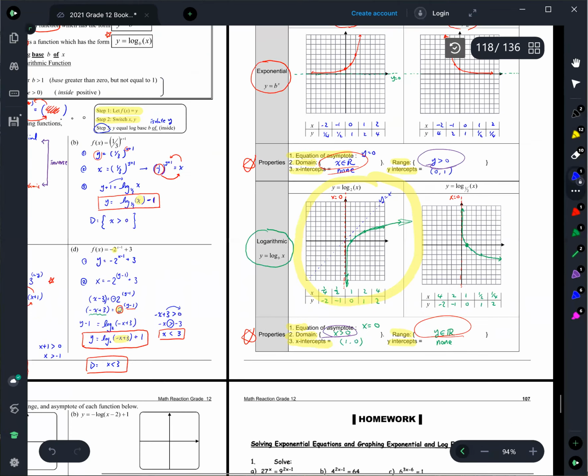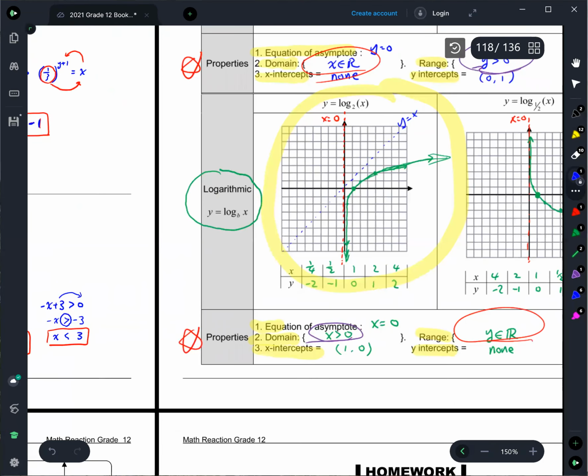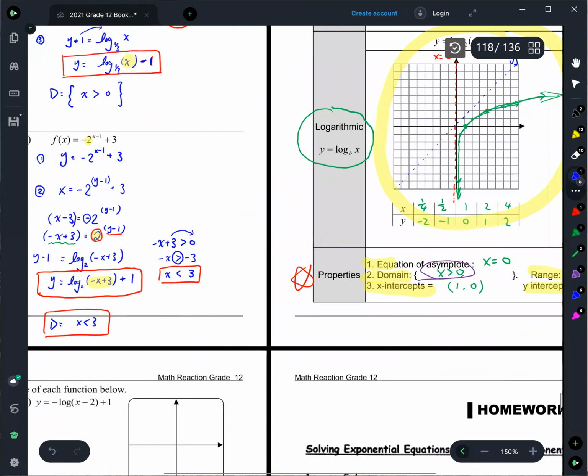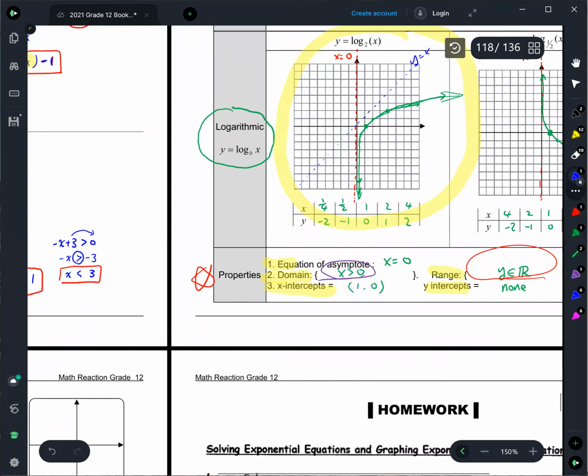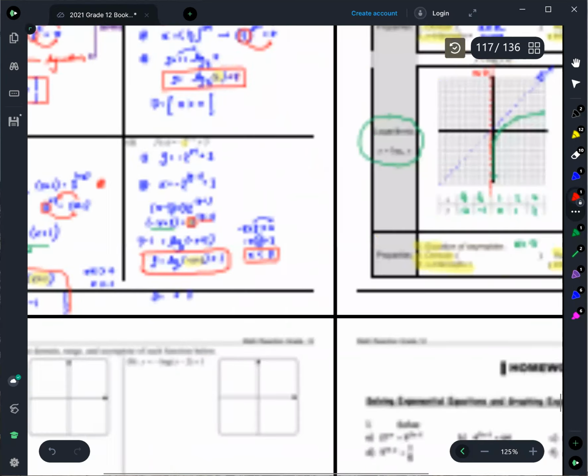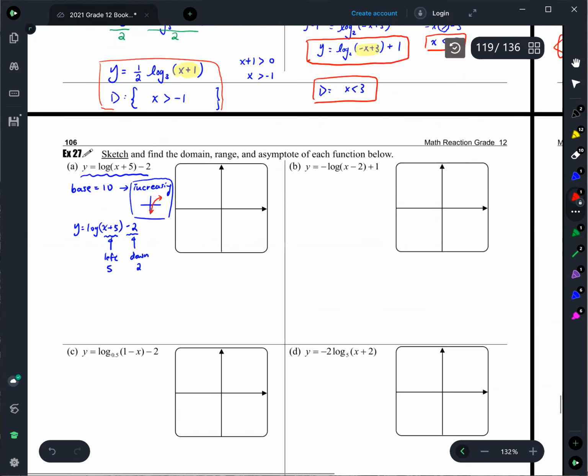The original is referring to this one, the one in the yellow circle. We want to move that. The most important point is the intercept, this point. We're going to move that point, which is (1, 0).